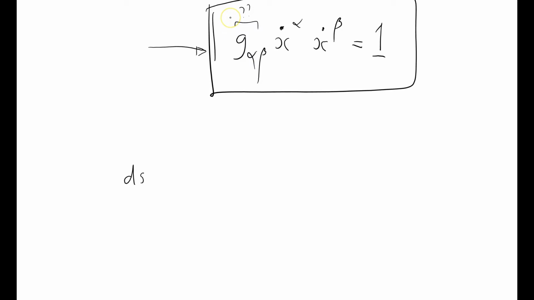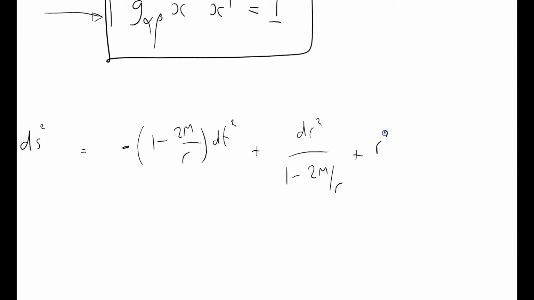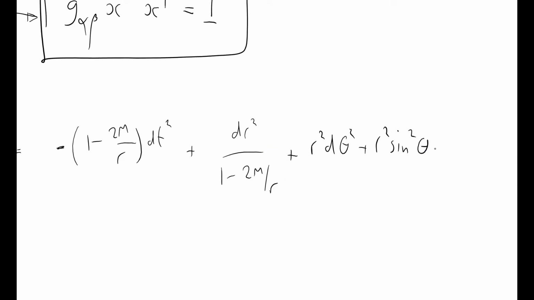It's perfectly general so far, but of course my interest at this point is doing the same calculation, 2m over r dt squared, minus, sorry, it's plus dr squared over 2m over r, plus r squared d theta squared plus r squared sine squared theta d phi squared.